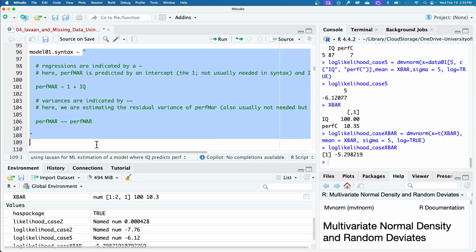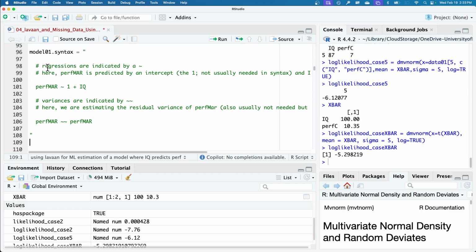Everything in RStudio that's green is a character, but lavaan syntax works by taking variable names from the data file that you have. So I'm going to model the missing at random data for performance. And the way I'm going to model it is based on IQ. So this is not a multivariate distribution just yet, but it's about to get to one, okay?